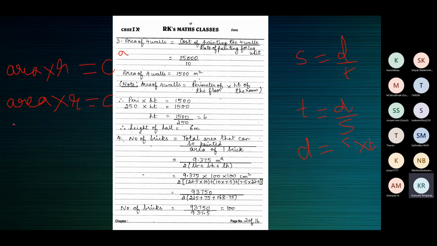So from this, area of the 4 walls is equal to whatever is this cost divided by this rate. I've just brought this down for division to the other side. Area is equal to C by R.